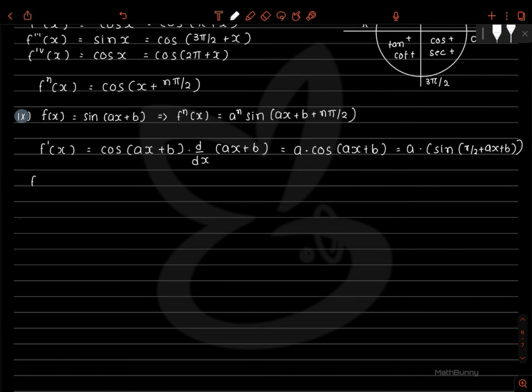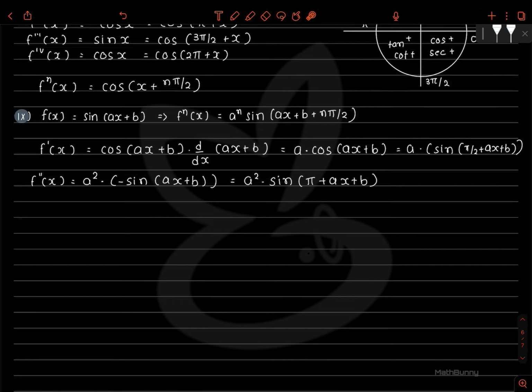Similarly, f double dash of x would be equal to a square into minus sin(ax + b), which we can represent as a square into sin(pi + ax + b).